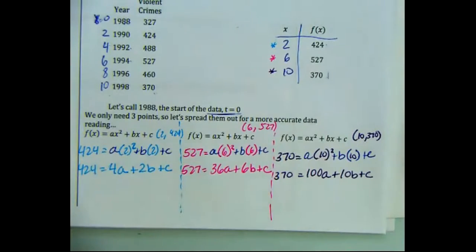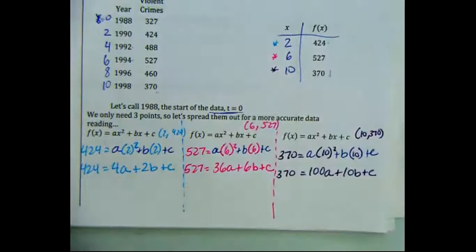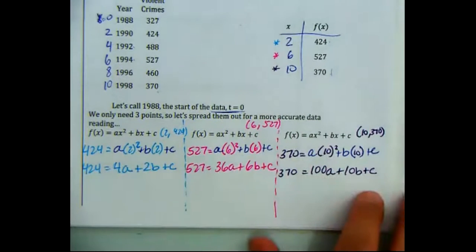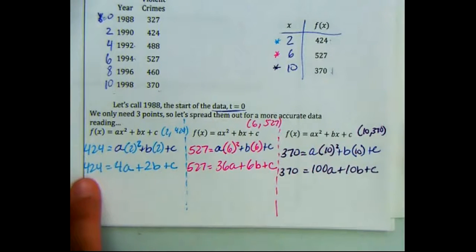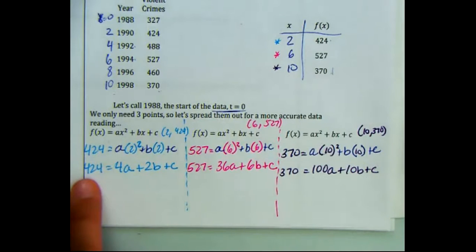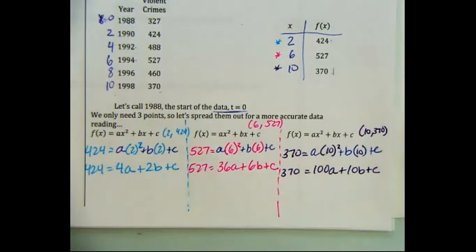So what did I do? I took 3 points from the different data points and I plugged them in for x and y in my standard form. And notice I now have 3 linear equations, right? Because there's no squares here. I did all the squares. So all I'm missing is a, b, and c.